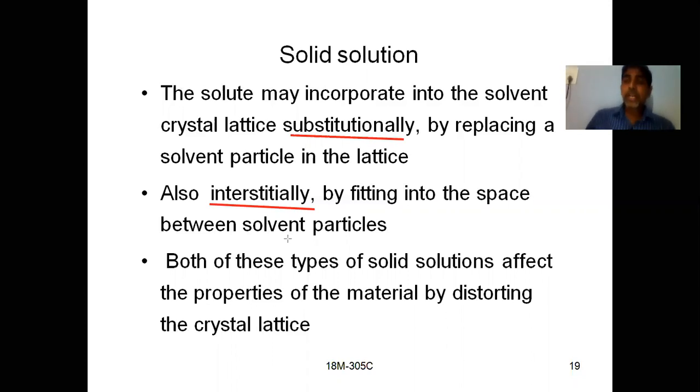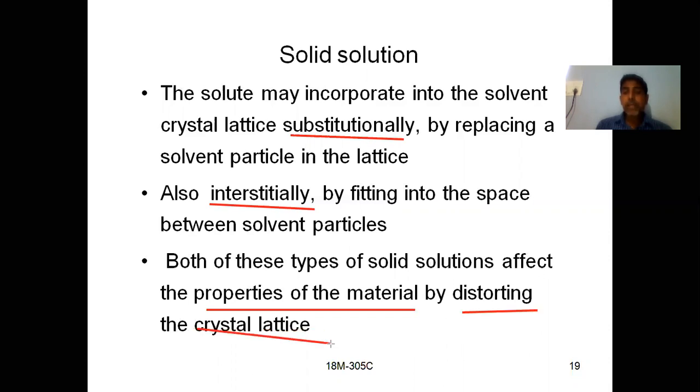Interstitial means the empty space. The empty space available in the solvent particles, that is known as interstitial solid solution. Both these types of solid solutions affect the properties of the material by distorting the crystal lattice.